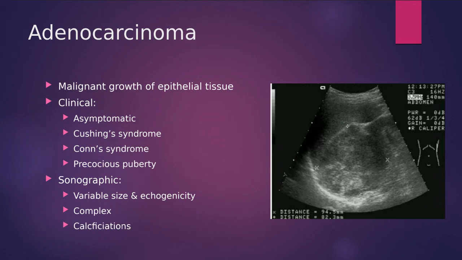Next, we have adenocarcinoma, and you're probably thinking, wait a minute, I just heard that in the pancreatic pathology, and you did. So again, your pathology charts are super important as we go through all of these organ systems. So this is a type of malignancy. It's the malignant growth of those epithelial tissues and cells. Clinically, these patients, again, we're talking about Cushing's and Conn's disease.